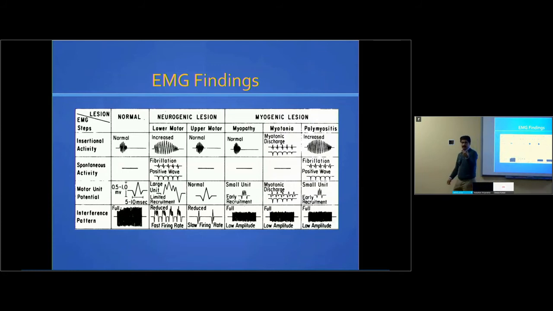Because in a neurogenic process, just as I said, if out of 10 units you're surviving with 5, those 5 have to fire at a very high rate. There's no friends coming in. In a myopathic process, they are not generating enough strength, so a lot of them have to fire. So the interference pattern looks different.